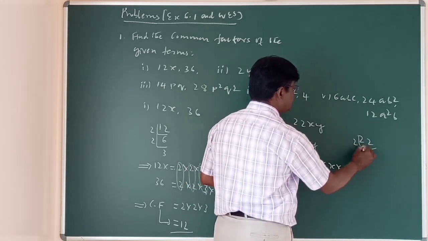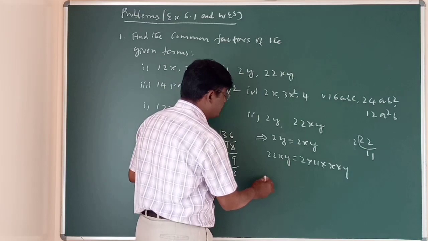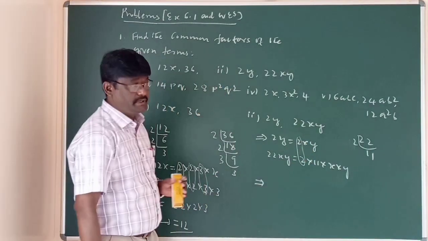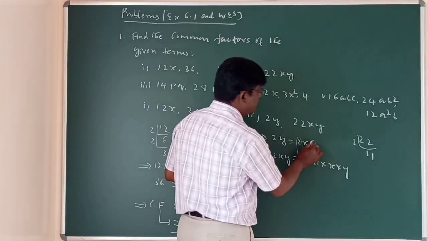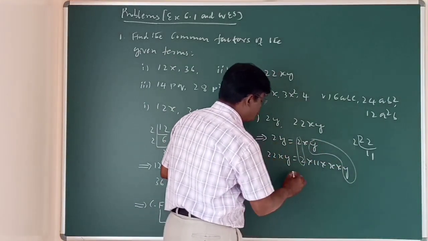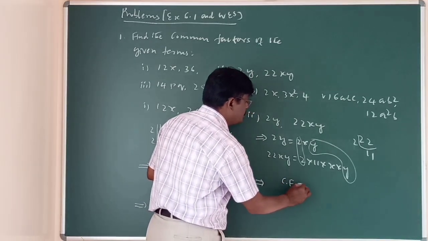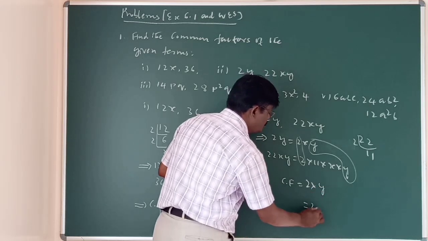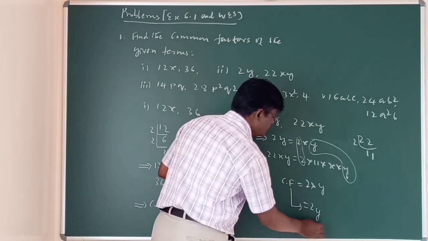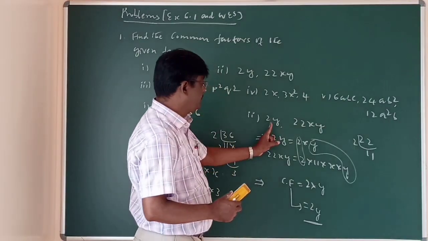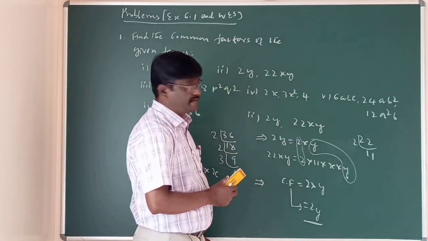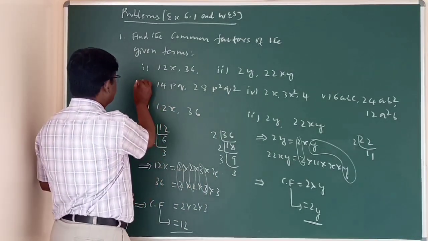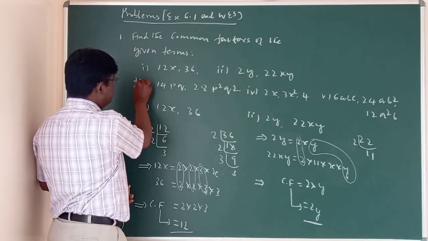Now 2 is common. What about y? Yes, y is common. Therefore the common factor is 2y. Thus 2y is the common factor between 2y and 22xy. Like that, children, you find the remaining also. Just practice at home.